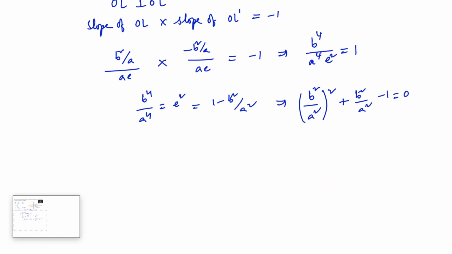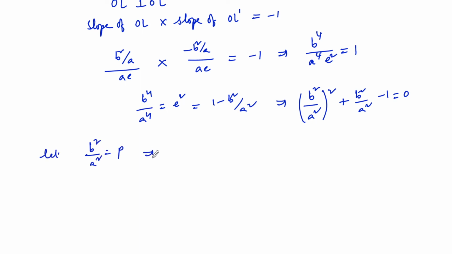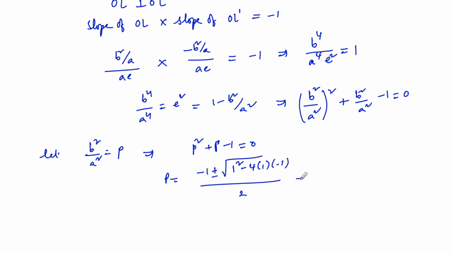So for some time let us consider b square by a square is equal to say some p to solve this one. So it will be p square plus p minus 1 equals to 0, so that p is equal to minus 1 plus or minus under root of 1 minus 4 into 1 into minus 1 divided by 2, so that is minus 1 plus or minus under root of 1 plus 4, that is 5, divided by 2.